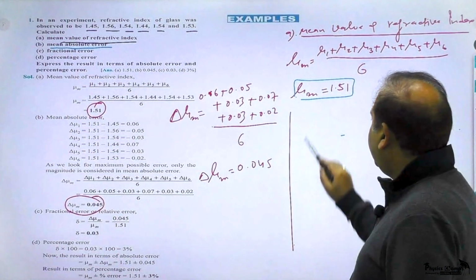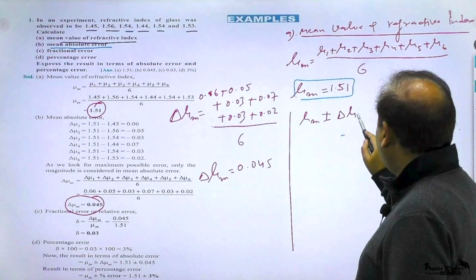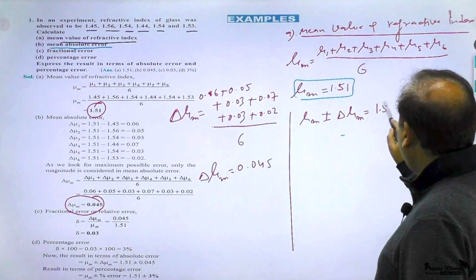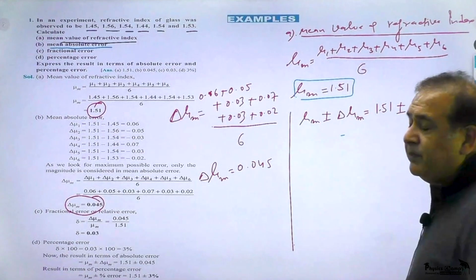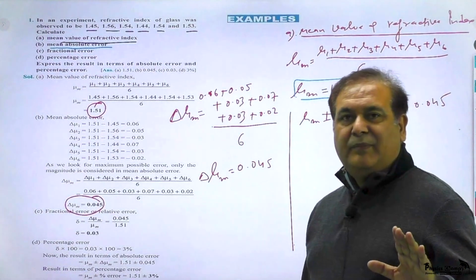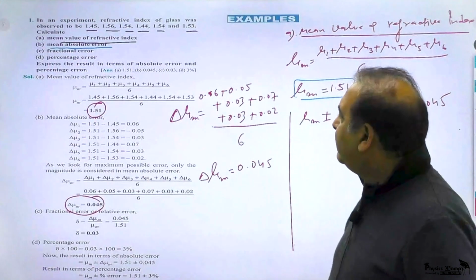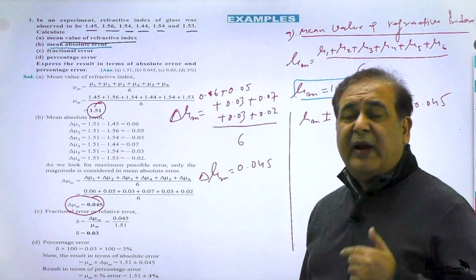So here my result is mu_m plus minus delta mu_m. It has a value 1.51 plus minus 0.045. The refractive index has no unit because it is just the ratio of speed of light in vacuum divided by speed of light in the medium.